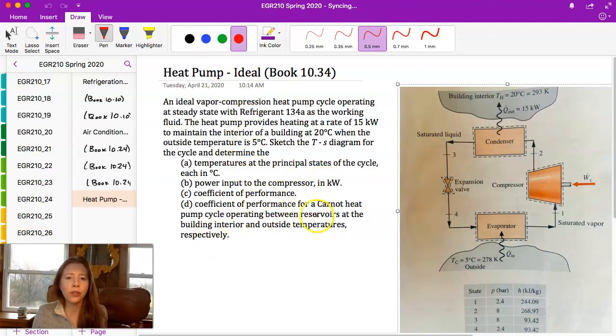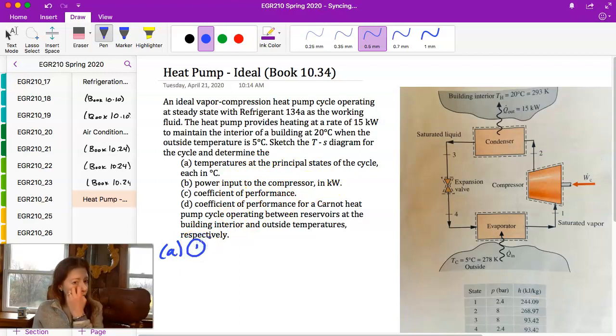And so we're going to do that at the building interior and outside temperatures. So that 20 degrees and 5 degrees for the higher temperature and lower temperature reservoir. All right, so let's get to this. And so let's just jump right in at A. And let's figure out the temperatures at the principal states.